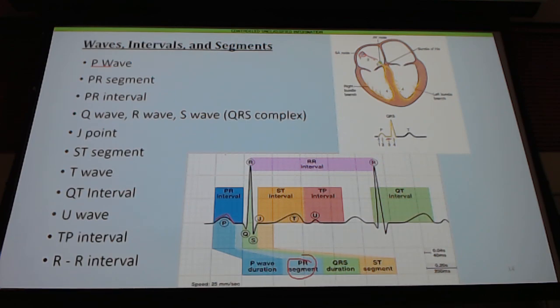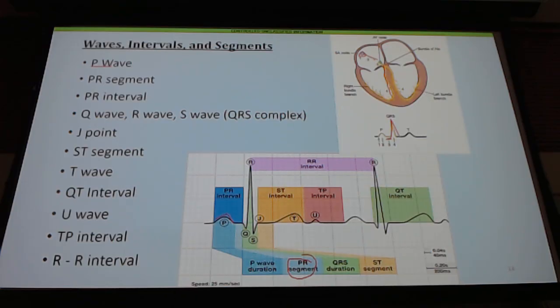Now you get the contraction and depolarization of the ventricle itself, which causes the squeeze of the heart. And you can see as it's coming down, that's your QRS wave.